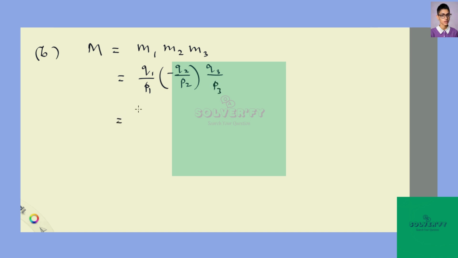So when we put these values, for q1 that is 400, for p1 this is minus 100, multiplied by negative of q2, which was 60, and p2, that was 300. Then for the third situation, q3 and p3 are both 160.